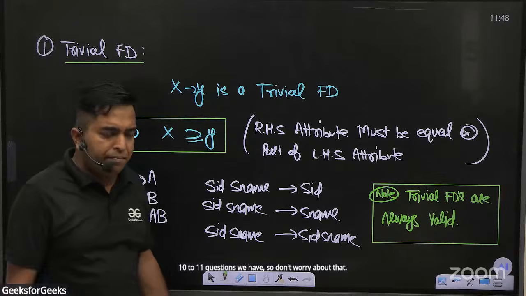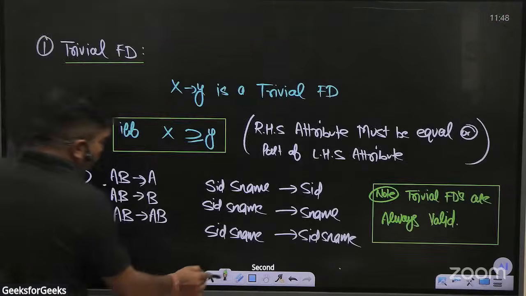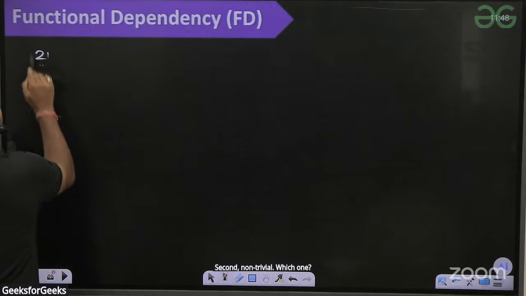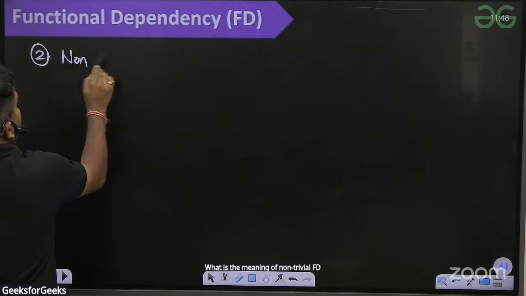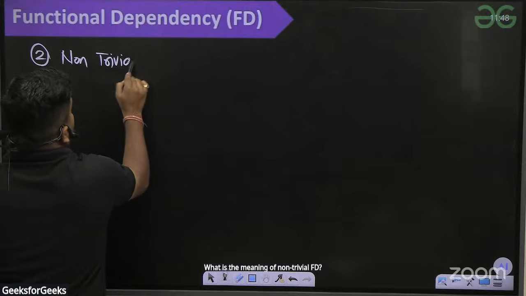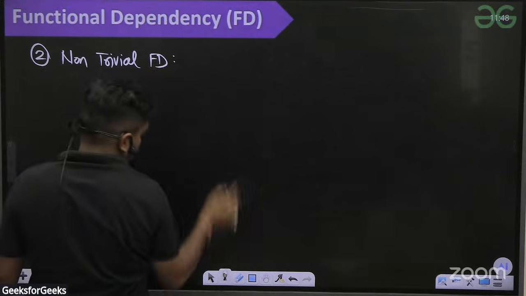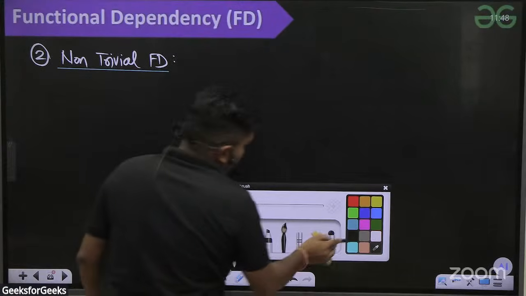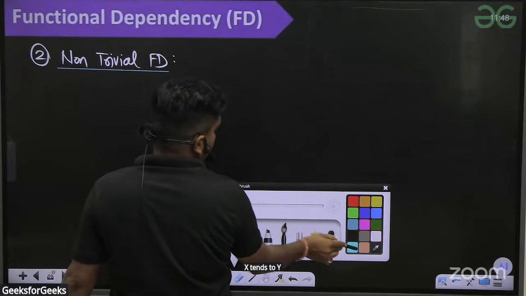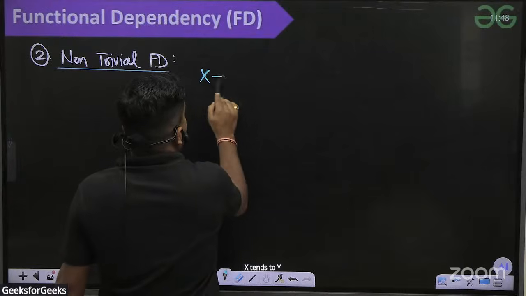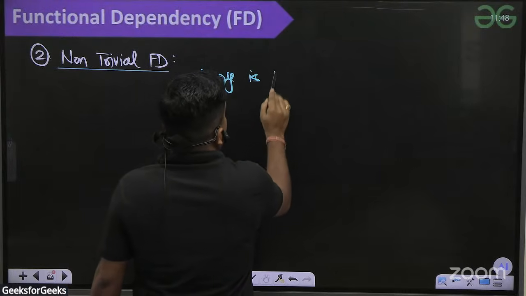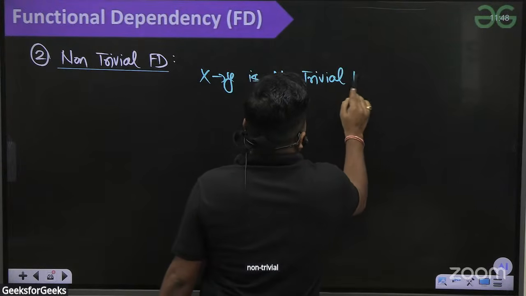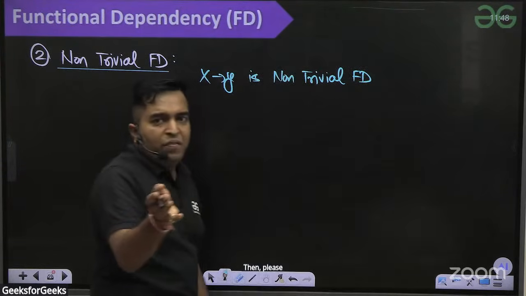Second, non-trivial. What is the meaning of non-trivial FD? X tends to Y is a non-trivial FD when?